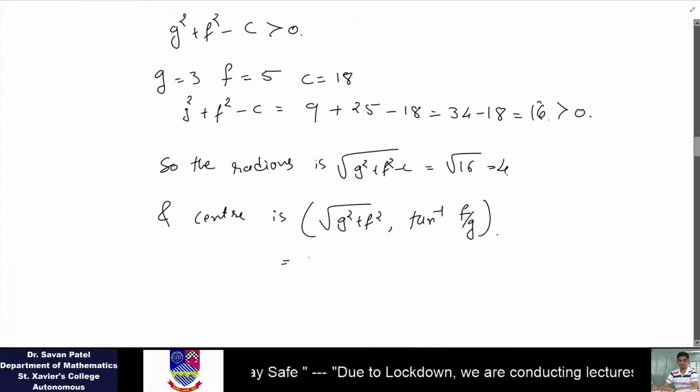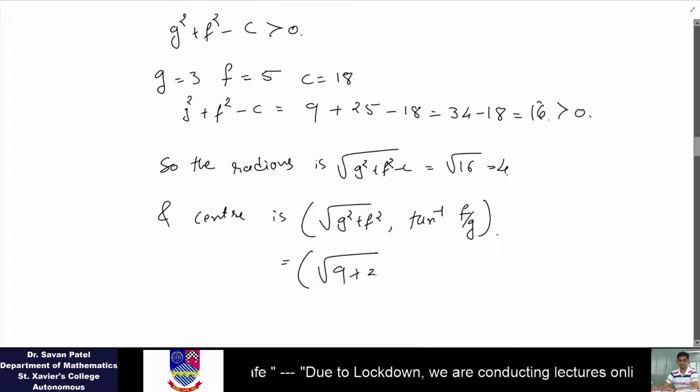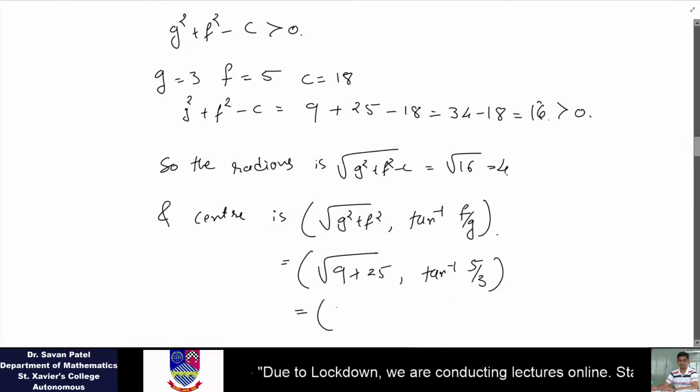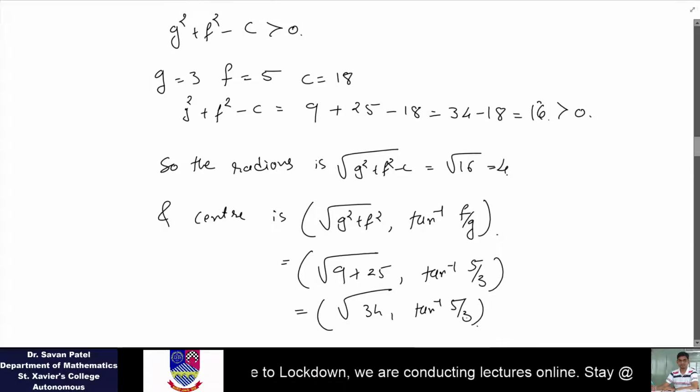That is square root of 9 plus 25, tan inverse 5 by 3, that is square root of 34, tan inverse 5 by 3. Okay, now take one more problem.